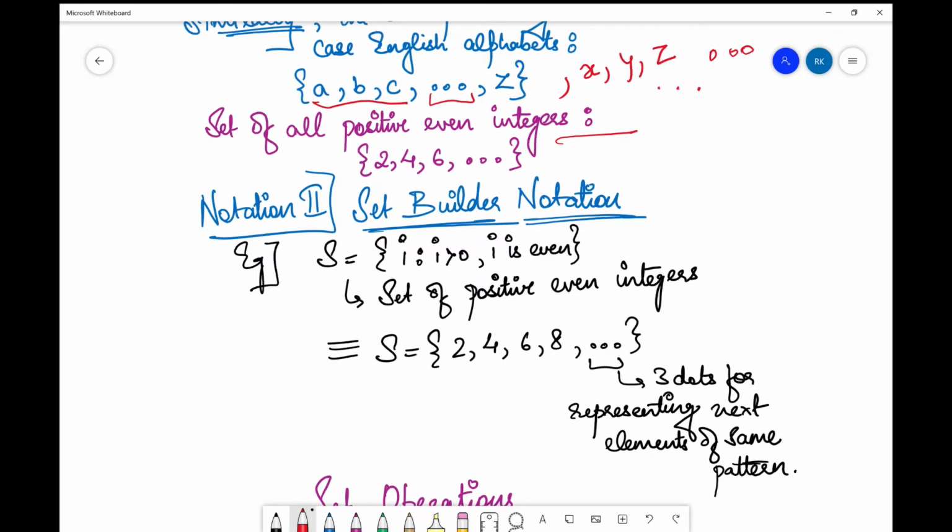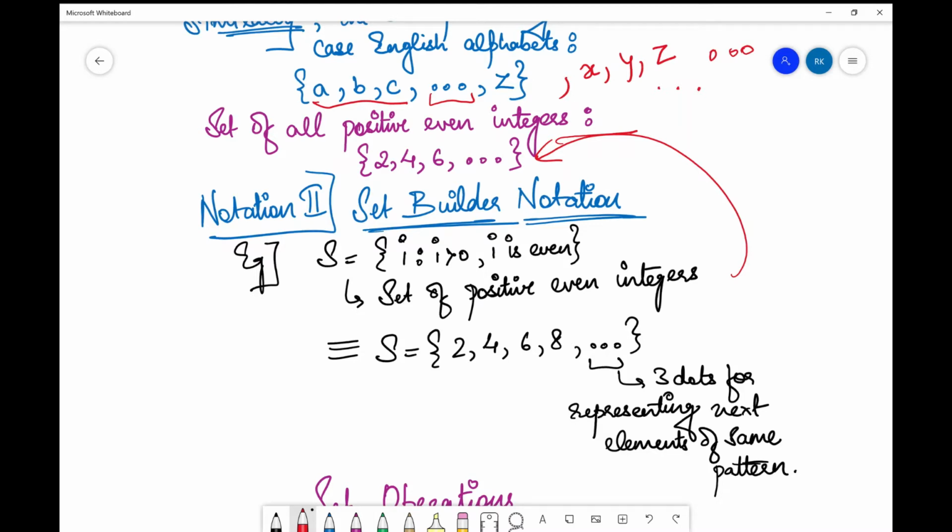This is very similar to this example, because in 2, 4, 6 and so on, I just wrote 3 dots since I am not sure of all the elements which might be present in the set, because it is an infinite set. So I can also represent that in set builder notation.